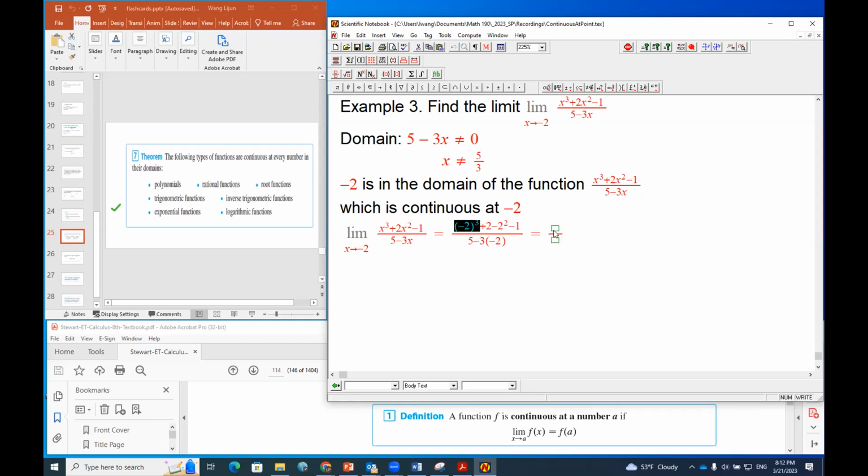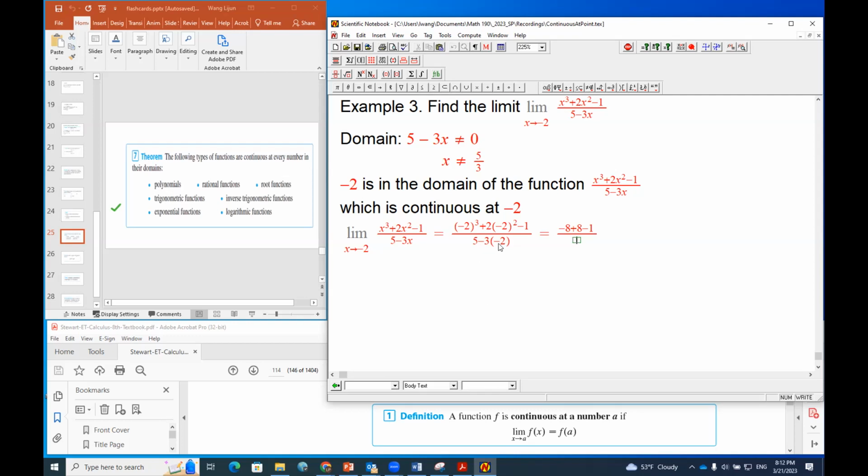(-2) to the power 3 is -8. I think I missed the parentheses here. Then 2 times (-2) squared: (-2) squared is +4, 4 times 2 is +8, and -1.